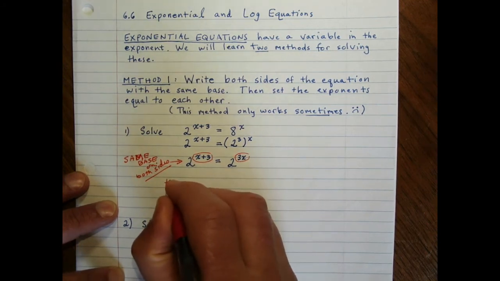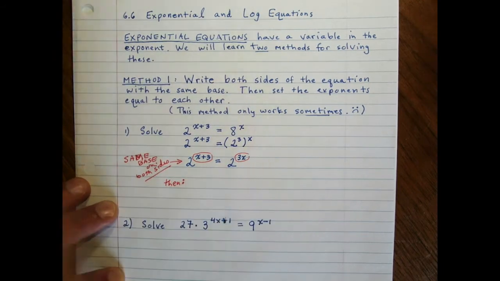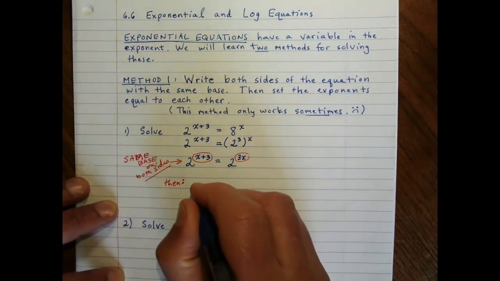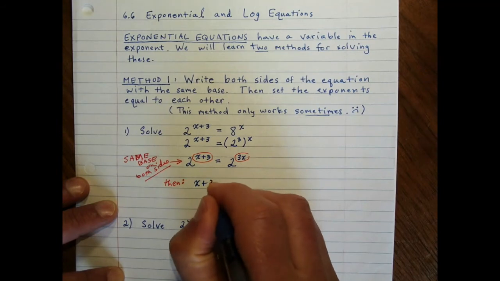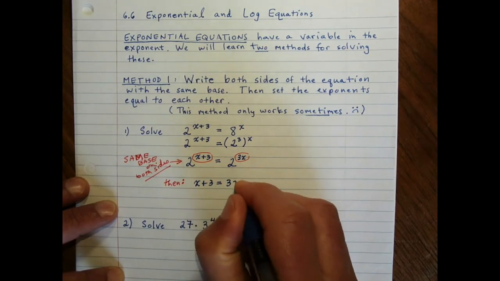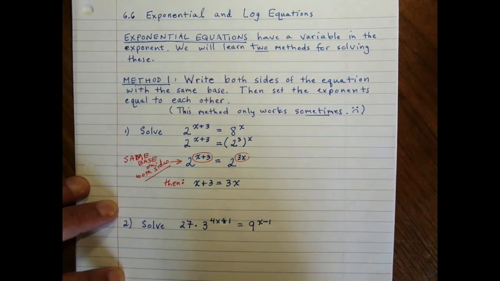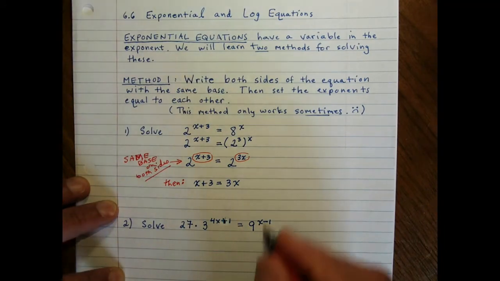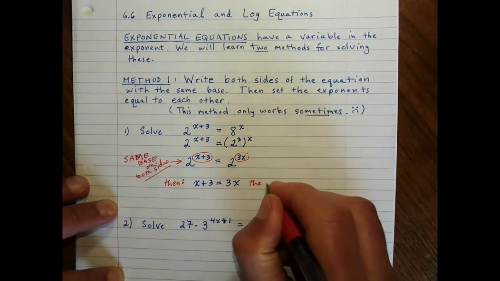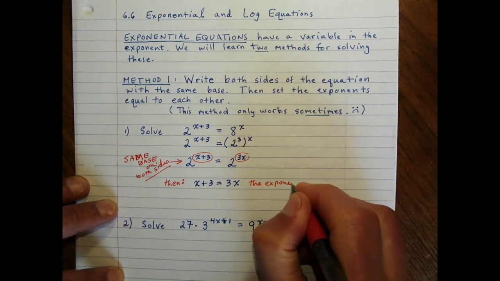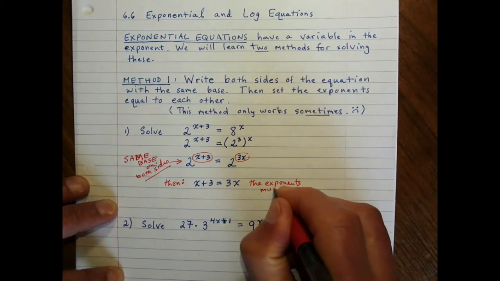So then we know that x plus 3, the exponent on one side, has to equal 3x, the exponent on the other side. The exponents must be equal.